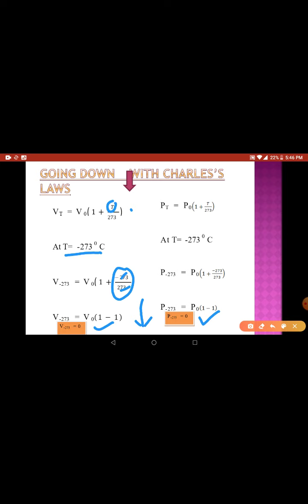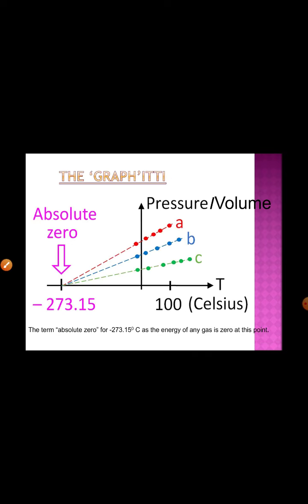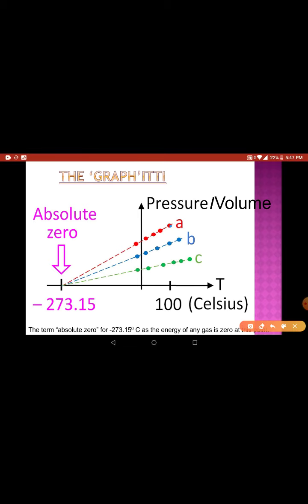So anyway, stick to our theory, Charles' law. It says that at minus 273 degrees Celsius, the volume as well as the pressure of a gas becomes 0. This is true also in the gas thermometer: when they extrapolated this graph backwards, for all these gases, A, B and C, which are different gases, they reach 0 volume and 0 pressure at minus 273.15 degrees Celsius.